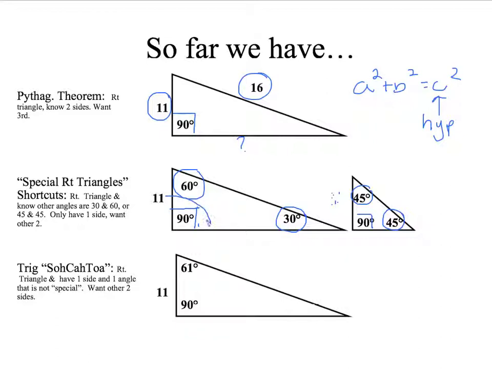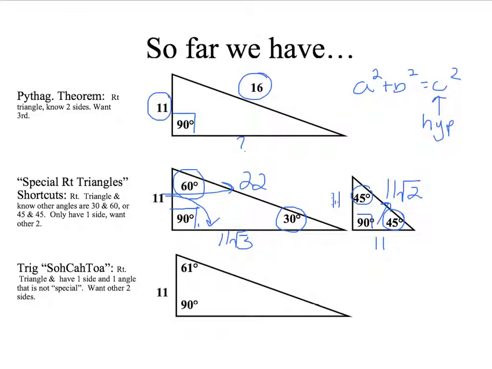Short leg to long leg, times root 3. Short leg to hypotenuse, times 2. Over here, if your leg is 11, that means both legs would be 11. To get to the hypotenuse from either one, we multiply by a root 2.